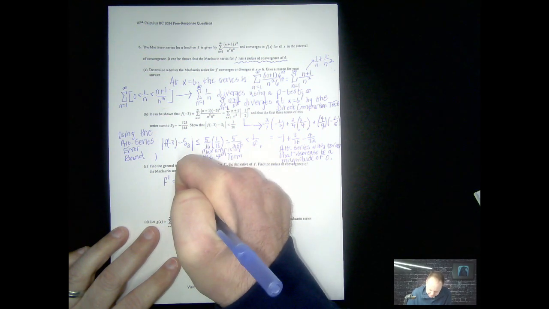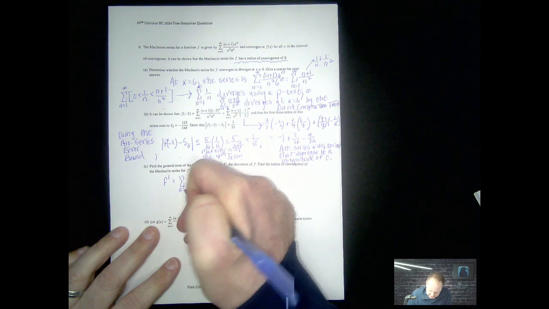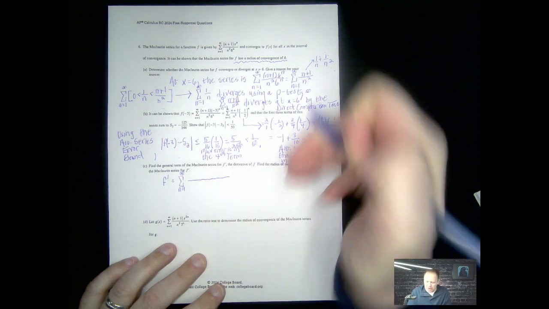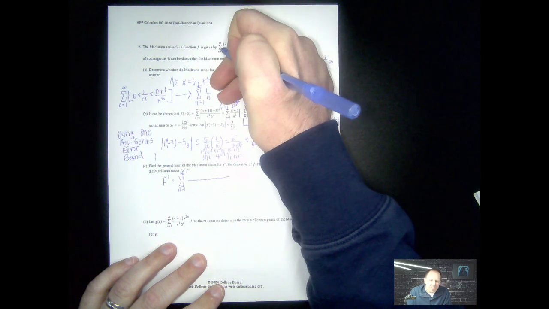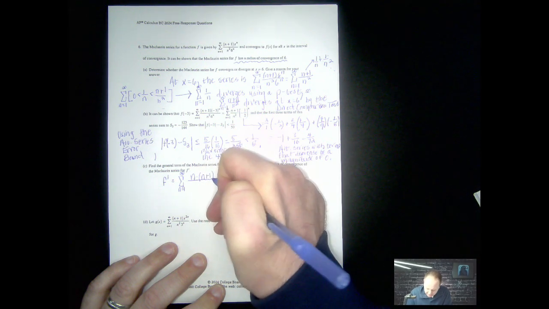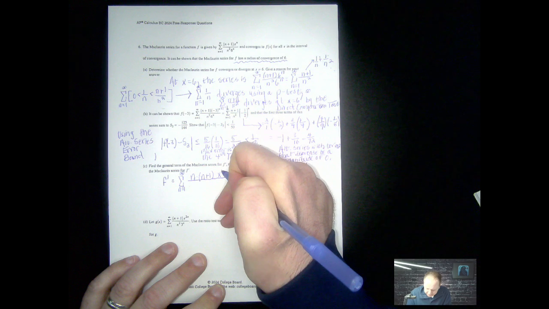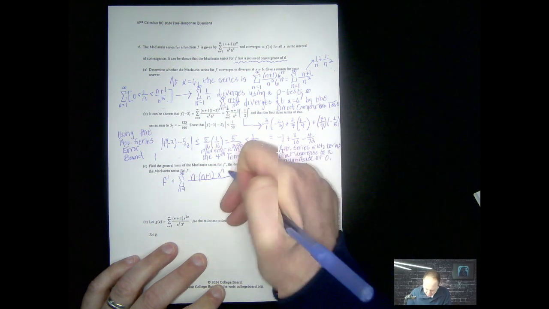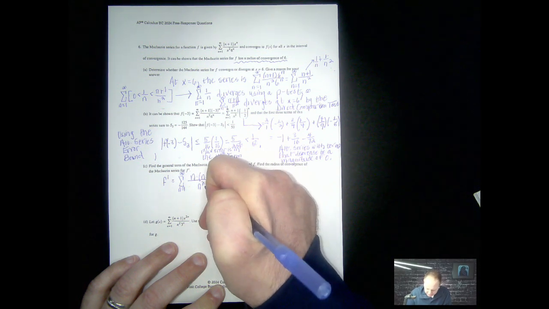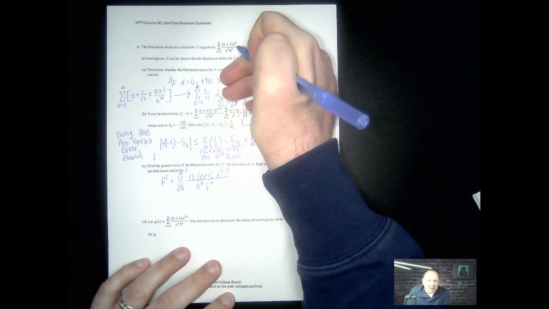So f prime is going to equal the sum for n equals 1 to infinity. All right, so what are we going to do to take the derivative? We're going to bring down a power of n, right? Multiply that to n plus 1, all times x to the n minus 1. And then nothing on the bottom is going to change.